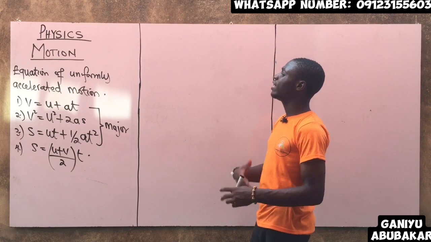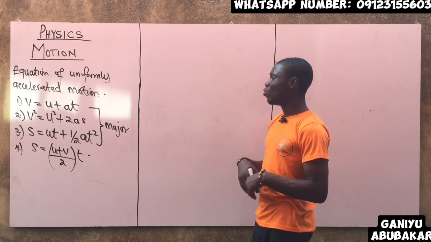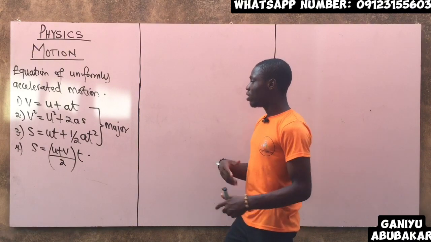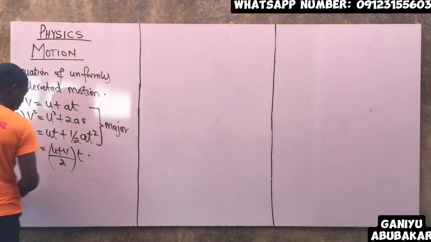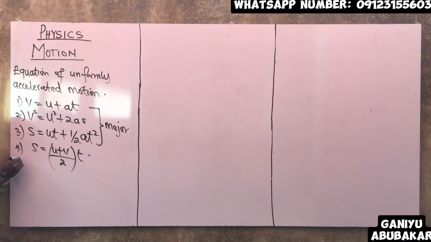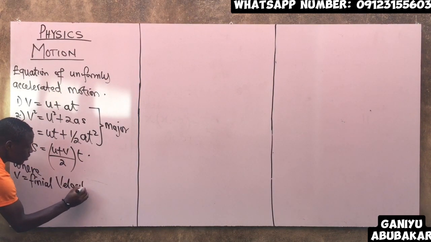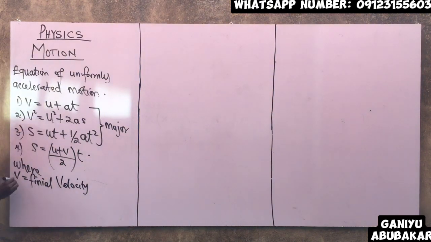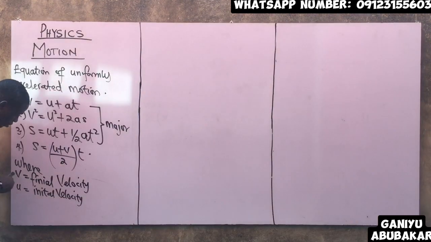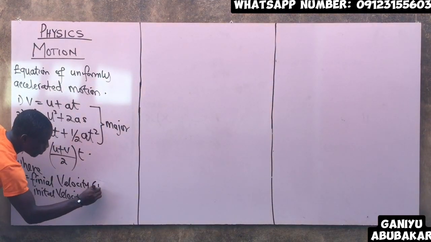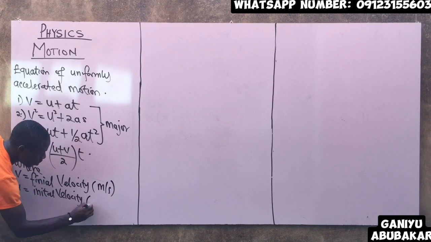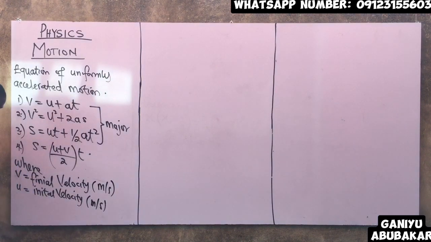Alright, at this point, let's define the parameters. What's v? What's u? What's a? What's t? Where v is called final velocity, u is called initial velocity, in meters per second, right?